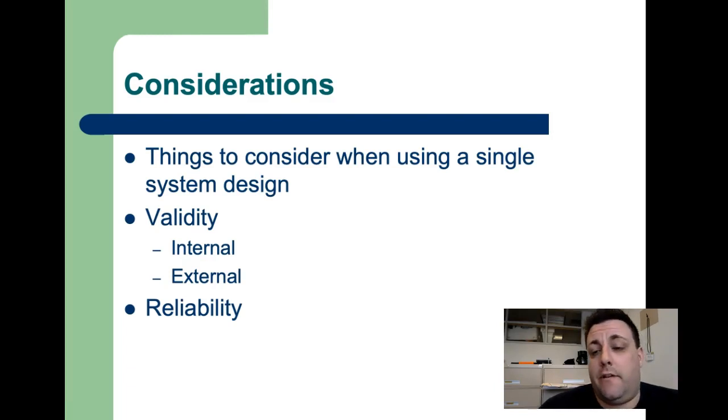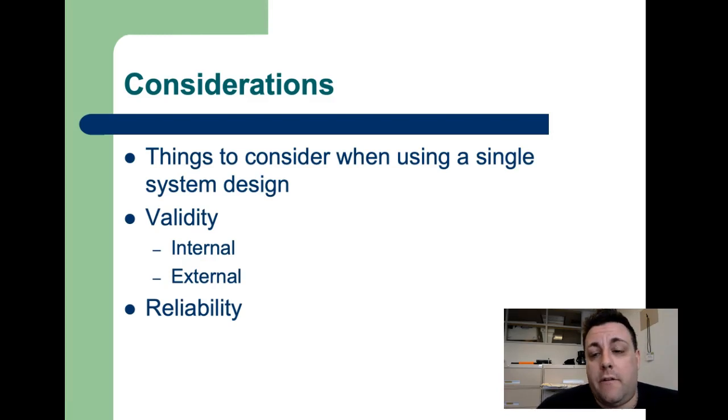And external validity is really asking to what extent can we generalize the findings of this study to the general population. Single system designs have very low external validity, and they're not used for that purpose. They're not intended to produce generalizable knowledge.